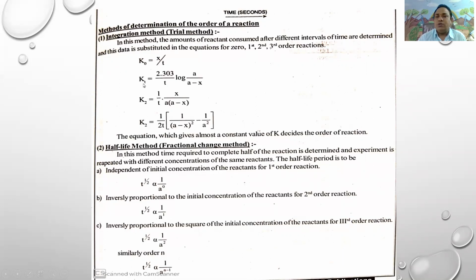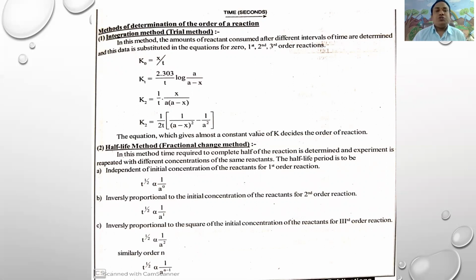First order rate constant K1 equals 2.303 by t into log a by a minus x. Second order rate constant K2 equals 1 by t into x by a into a minus x. And third order rate constant K3 equals 1 by 2t into 1 by a minus x whole square minus 1 by a square.